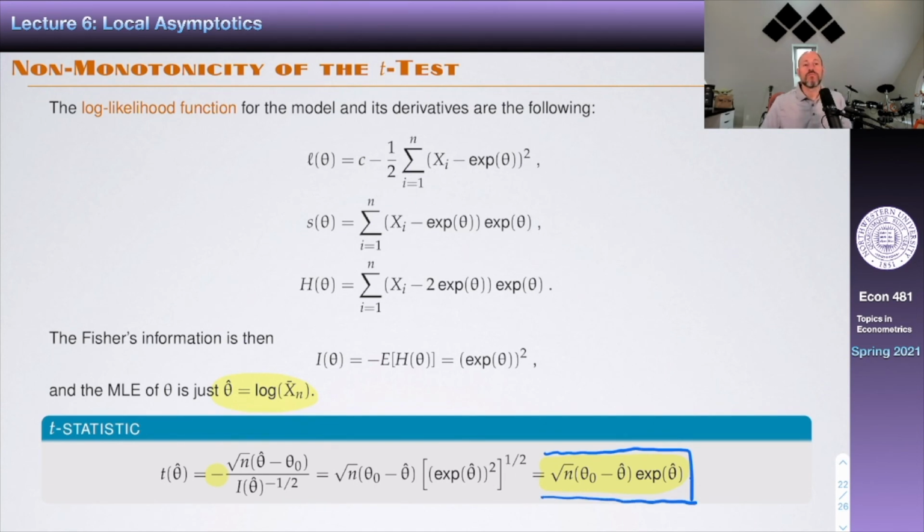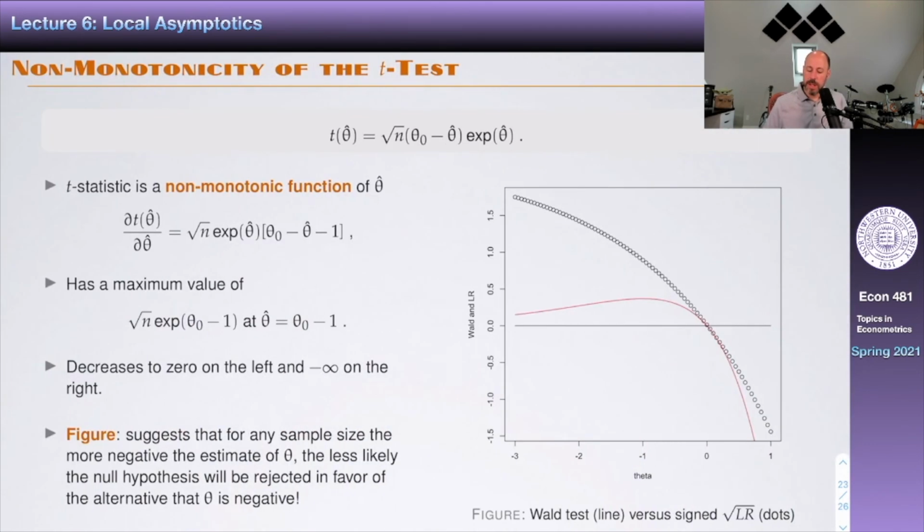And we're testing theta naught versus theta less than theta naught. Are we good? Up to here, it's just very standard parametric. Just write the t-test. Well, look, this is what happens. The t-statistic is a non-monotonic function of theta hat.